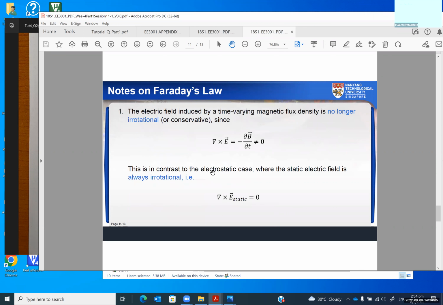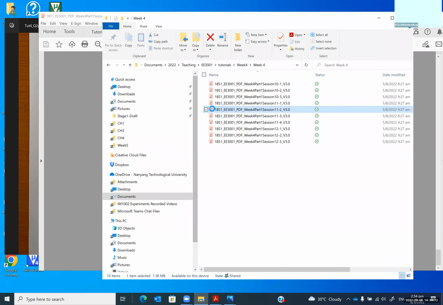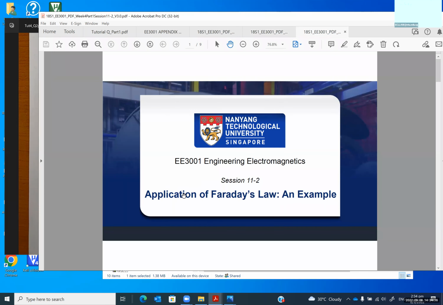I think the rest, you will see very many cases of solving different examples. So 11-2 onwards will be all on application of Faraday's law. Make sure you go through it. But as you go through, always try to understand back to that formulation, like what we did for electric field and magnetic field. In this case, the formulation always starts from that small flux through a small area.